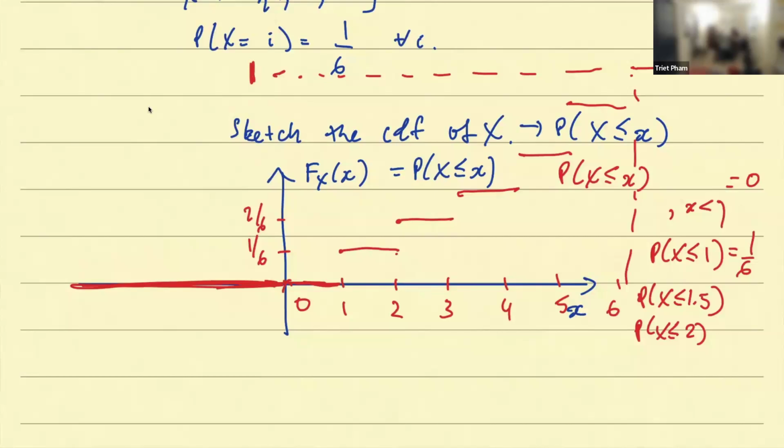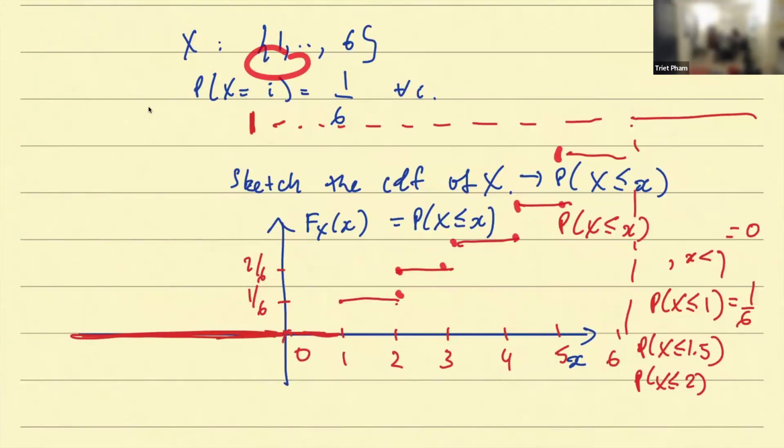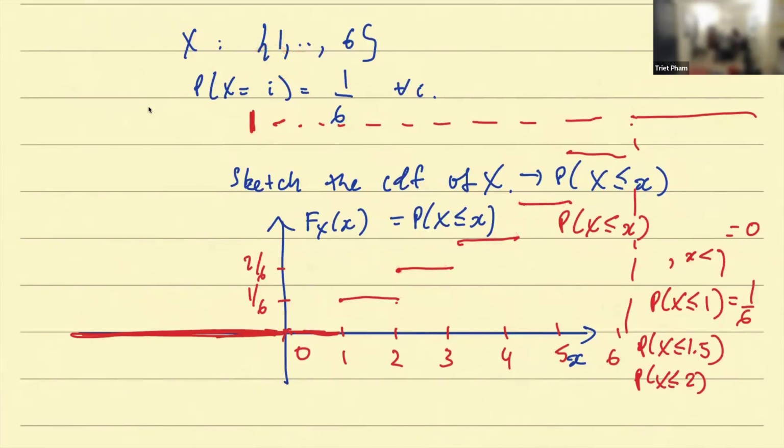So you see the CDF starts at 0, or approaching 0, and rises to 1. But of course, it doesn't have to do so continuously. So this is the mark of a discrete random variable. It jumps, but where? It jumps where the random variable has point mass. And how big is the jump?